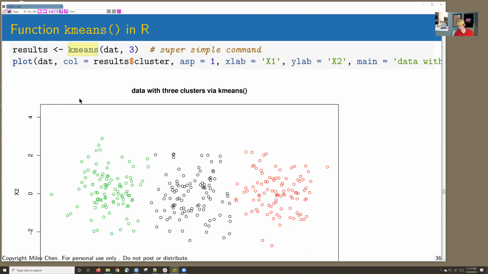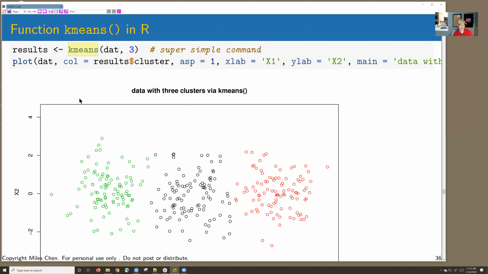You don't generally rewrite code that already exists. But for your homework, as a learning exercise, I'm going to make you write some code to produce the k-means algorithm yourself. In production settings, just use kmeans. It runs in R, and it works well.